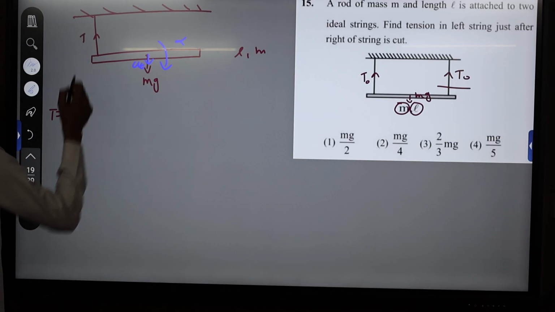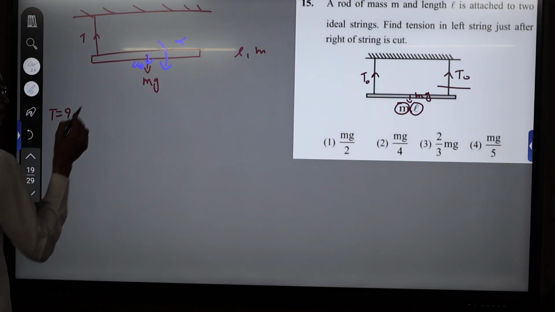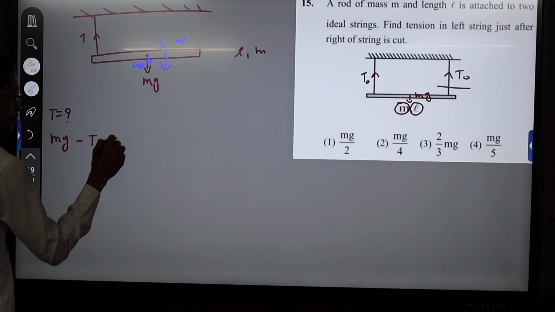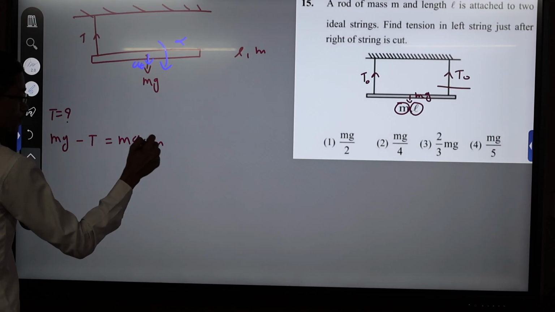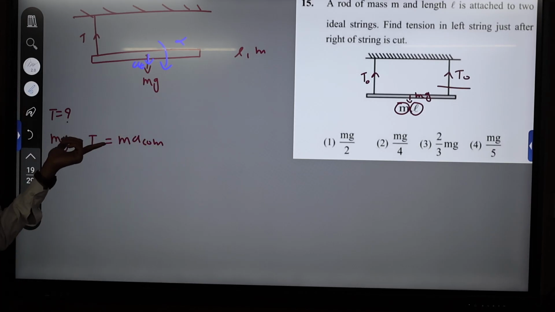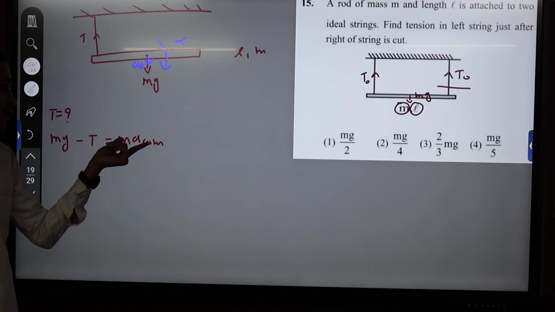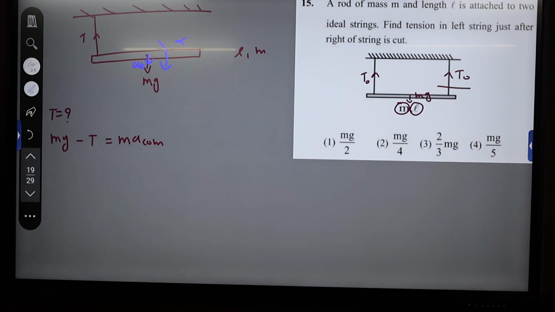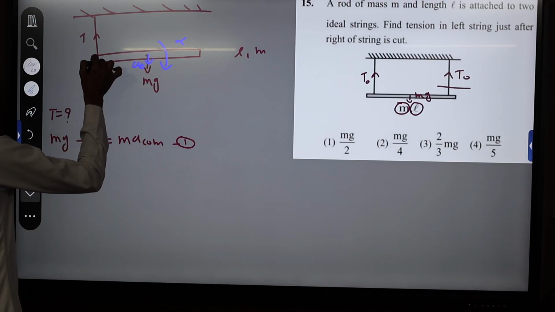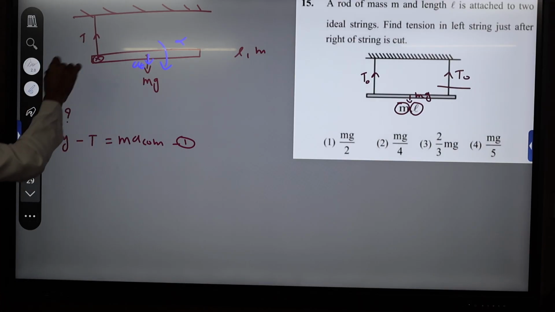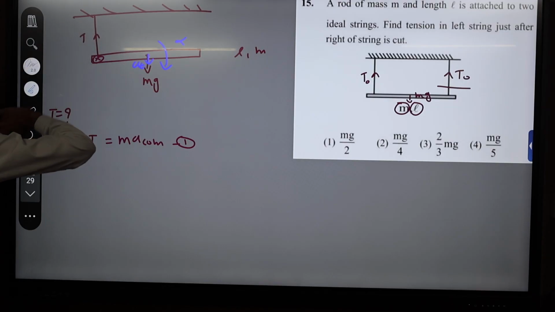So we can write the equation: Mg is acting downward, tension is upward, so Mg minus T is equal to m into a center of mass. This is the equation for linear forces, let us say equation 1. Now if we balance torque about this point, the torque of the tension will become 0.